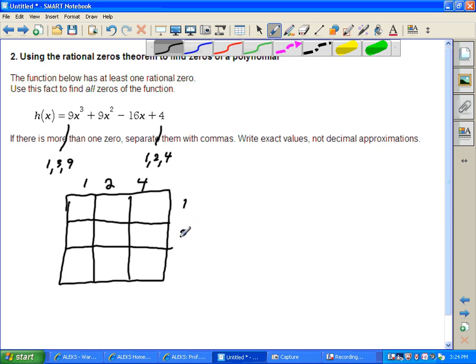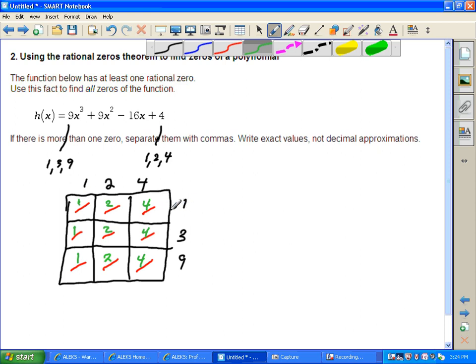I'm going to write factors of the lead coefficient on the side, and I'm going to put little division signs in here. On the top of the division signs, I'm just going to write 1, 2, 4, 1, 2, 4, 1, 2, 4. Basically these results just going down.